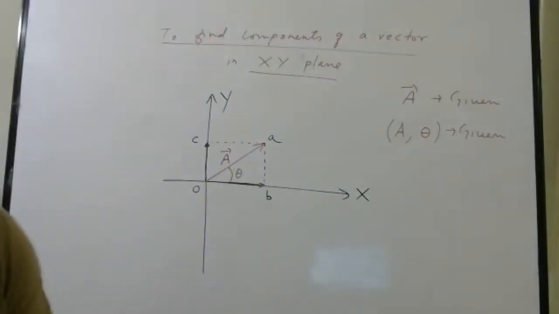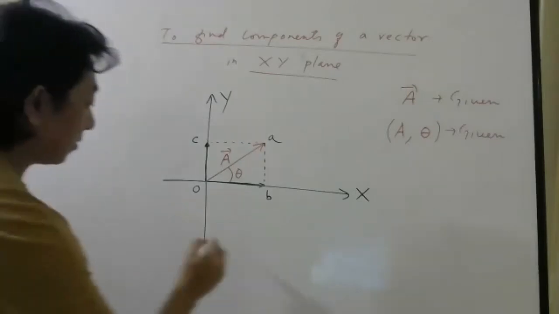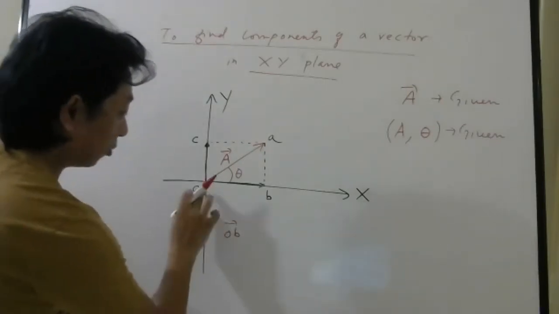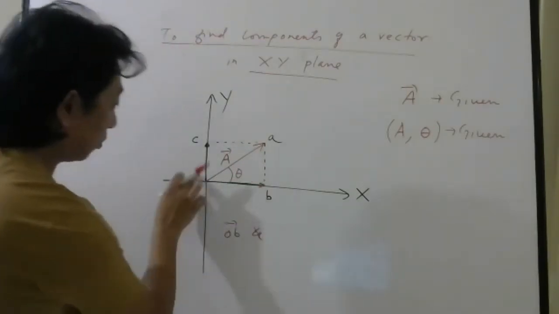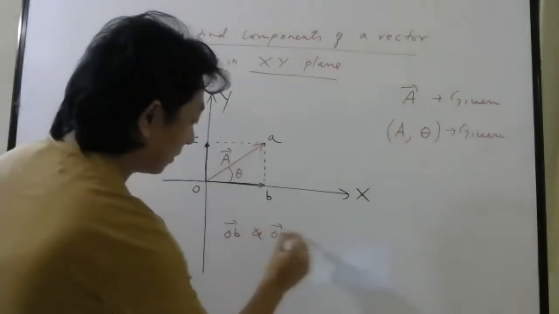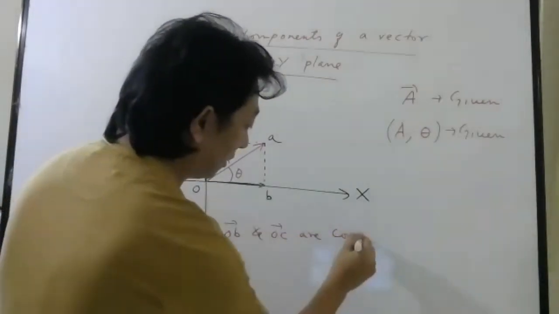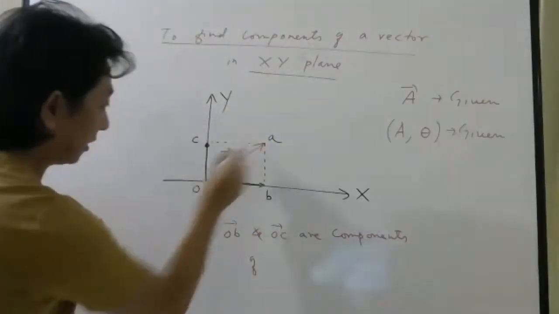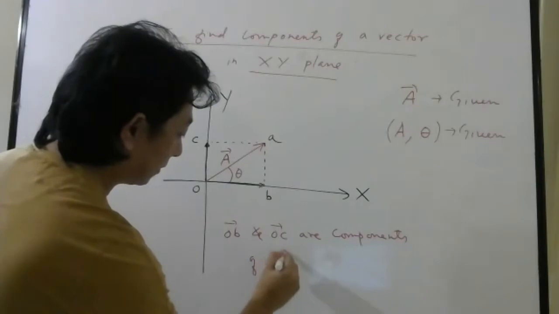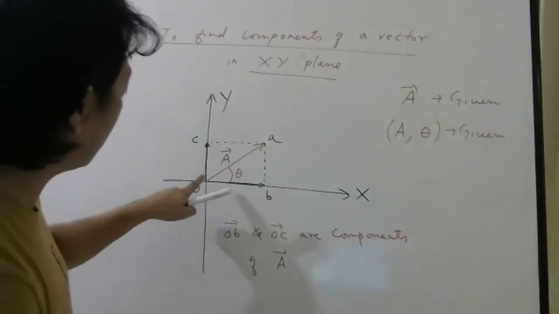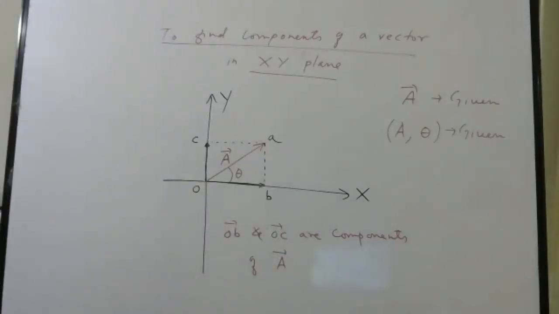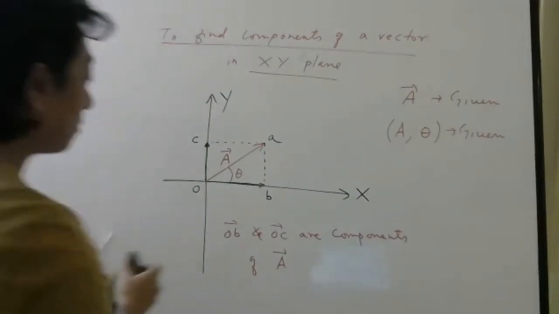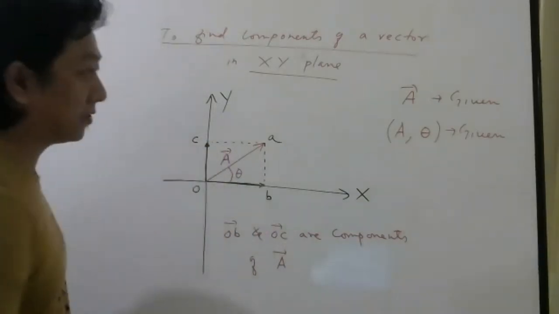So what I am saying here is this OB bar and this OC bar are components of this vector, which is a bar. You can call it a bar or you can say OA bar. Fine. Okay. Now I want to find these components.